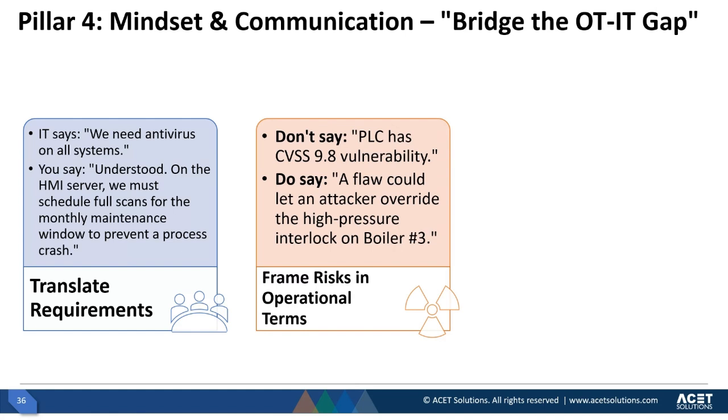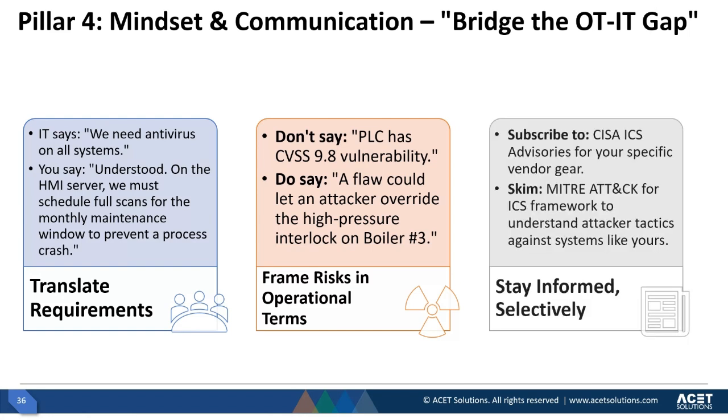In the same way, if your PLC is vulnerable, don't say only that the PLC has a vulnerability. Say that it is a flaw that can let an attacker override the high pressure. This way you at least understand that this requirement is for operational risks.